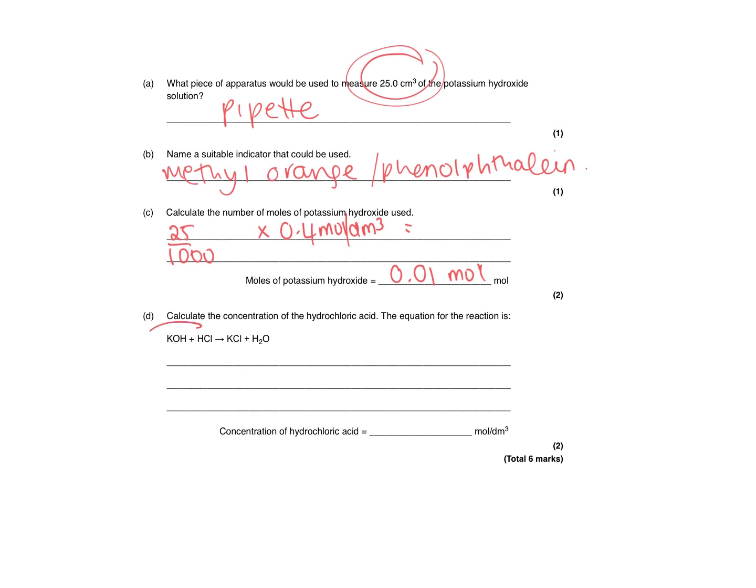Now, looking at this equation, it's a 1:1 ratio. That means for every 1 mole of KOH, we have 1 mole of HCl. Therefore, there's 0.01 moles of HCl in 35 cm cubed.